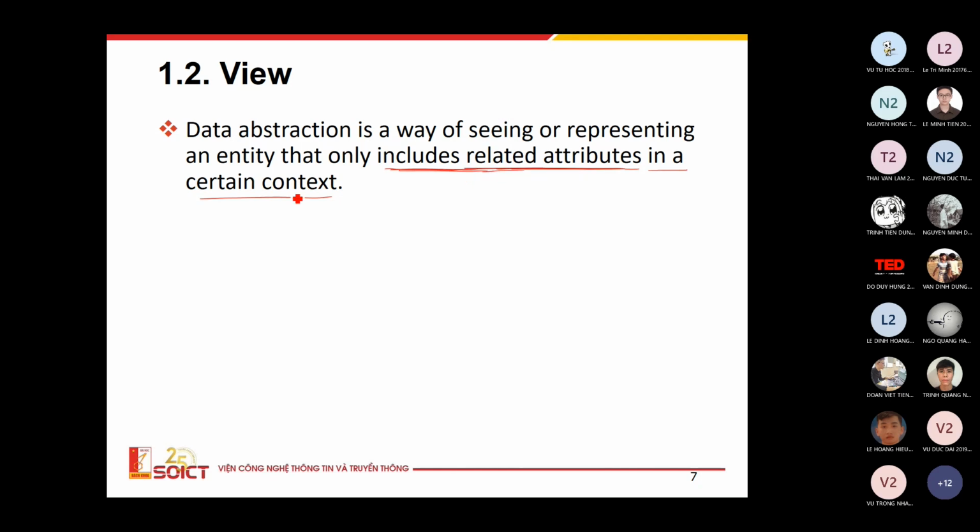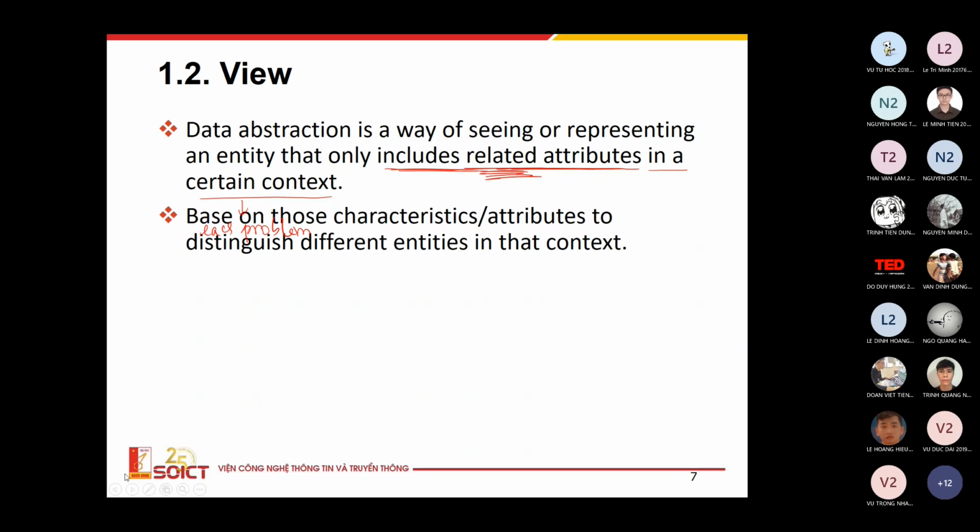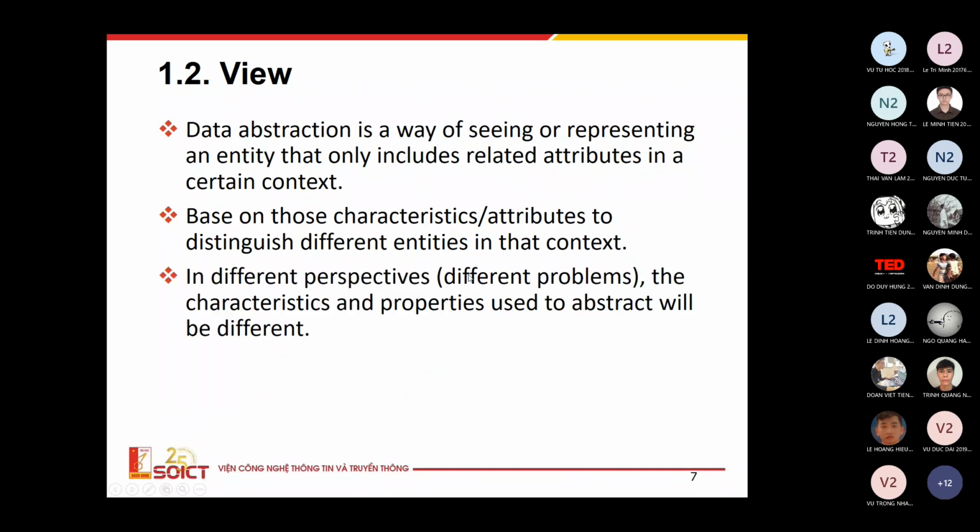For each problem, we consider that it is in some certain context. And then to describe the same thing in this context, we just include related properties or attributes. And of course, based on these attributes, we can make the difference between entities.